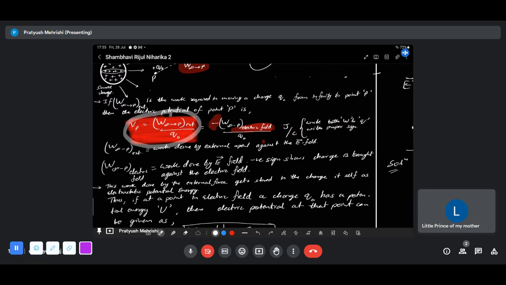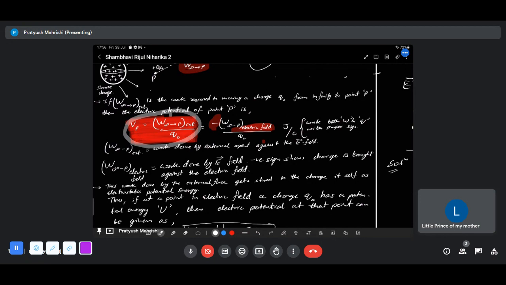If I am bringing that Q naught charge from infinity to that particular point, then the electric potential will be given by the work done by the external force divided by the magnitude of the charge itself. That will give us the work done per unit positive charge. Means if 10 coulombs are taking this much energy, how much energy will 1 coulomb take? You divide it by 10 coulombs, you get the answer.